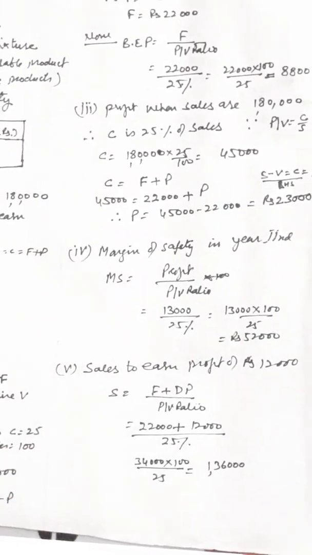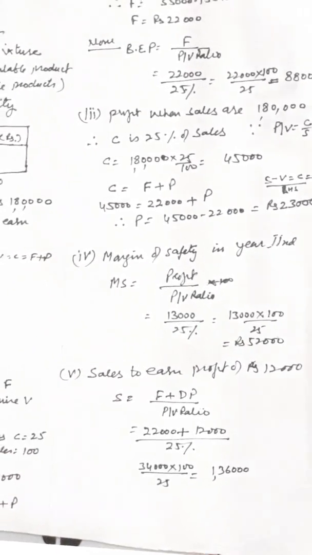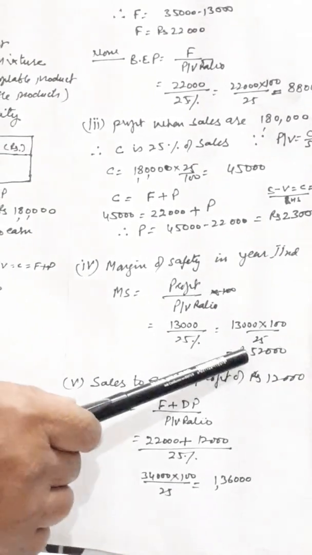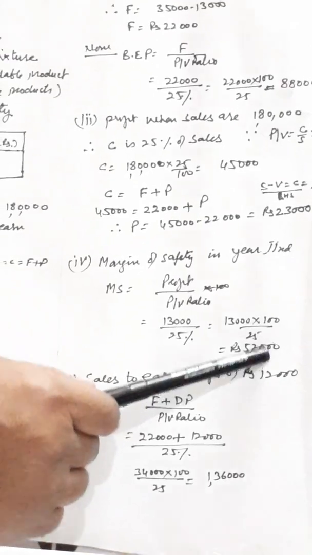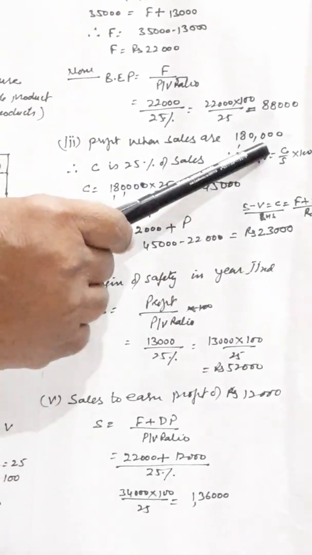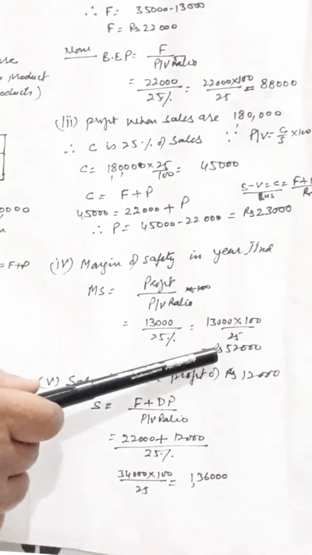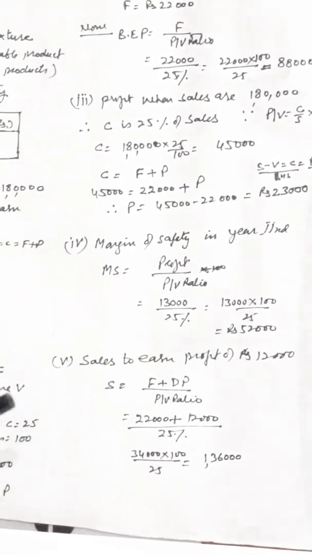It will be 52,000 rupees. In order to earn profit of 52,000, we are to sell goods worth rupees 1,80,000, or at 1,80,000 sales we will earn profit of 52,000 rupees.